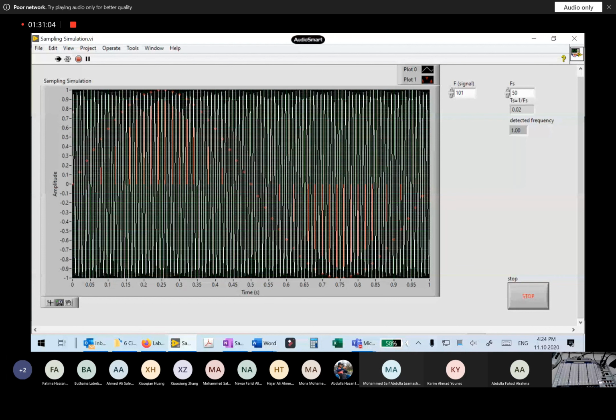So basically 51 hertz and 101 hertz, both of them appear as 1 hertz. Okay, this is the critical thing, is that you have a limitation on the input signal frequency. Okay, fixing the sampling frequency.